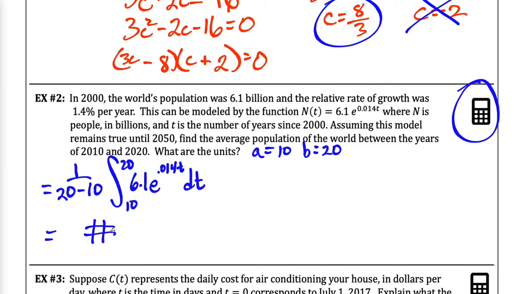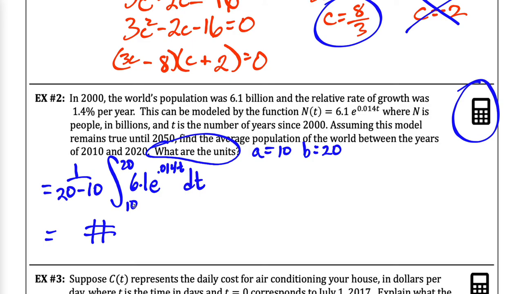What are the units? So it asks this at the end of the problem. Whatever number you get as an answer, it doesn't matter. I'm assuming years definitely is in the problem.